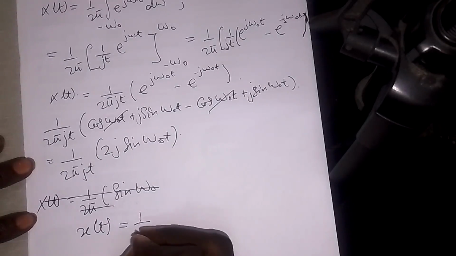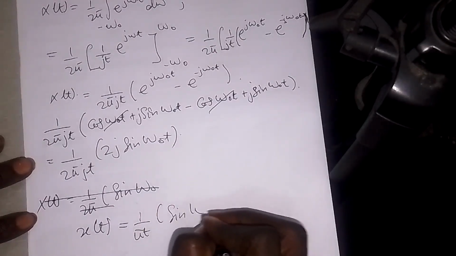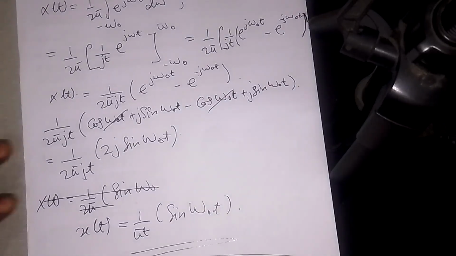So I have 1 over pi t into sine omega naught t. Okay, and that will be the end of this question. Thank you so much.